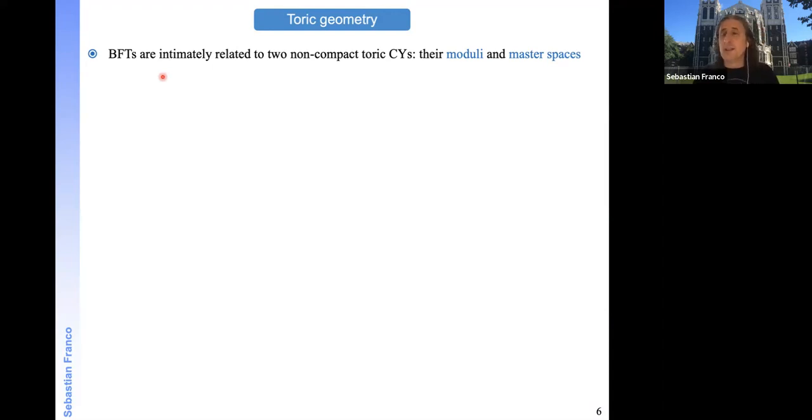Both are toric. In the case of brane tilings, this one is a Calabi-Yau threefold. In general, since these are toric, you can define some polytope for each of them. It's going to be the toric diagram. They're going to come in different dimensions.